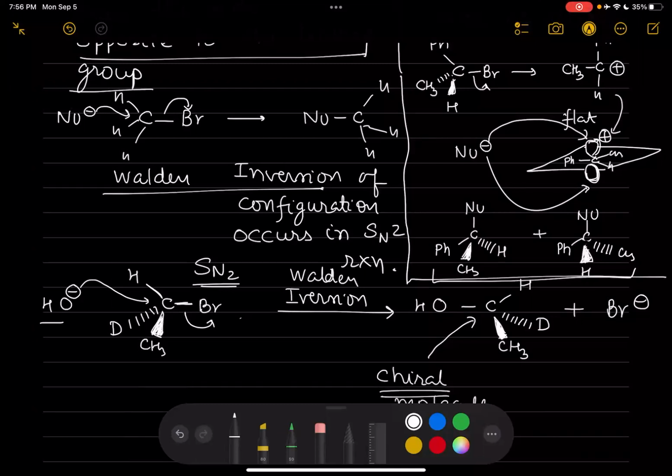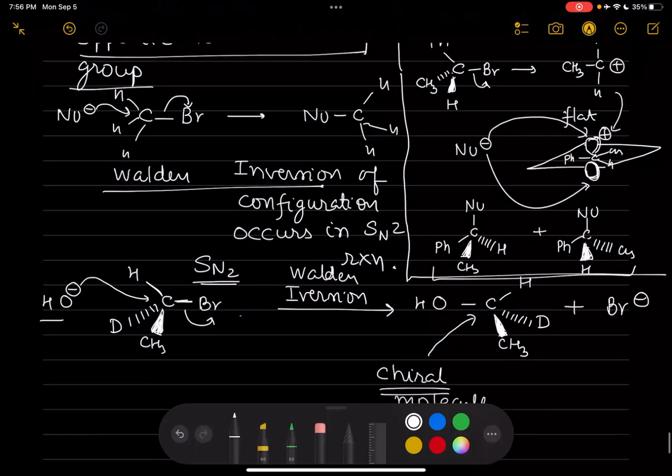So this is a chiral molecule, with a chiral carbon, the carbon which is connected to 4 different groups. Here the groups are nucleophile, Ph, methyl, and H. If all 4 groups connected to the carbon are different, it is known as a chiral molecule, and when you pass polarized light through it, the light rotates, so it is optically active.